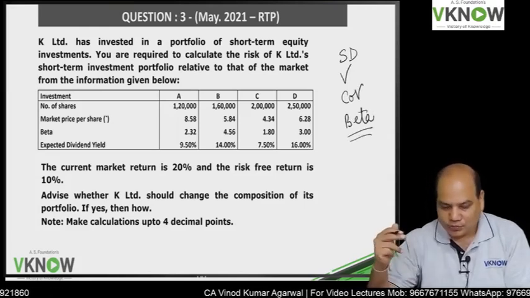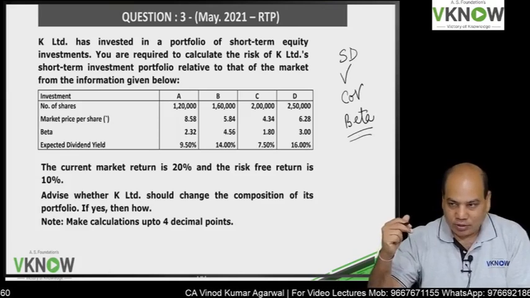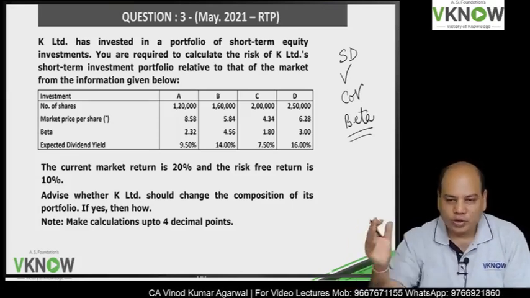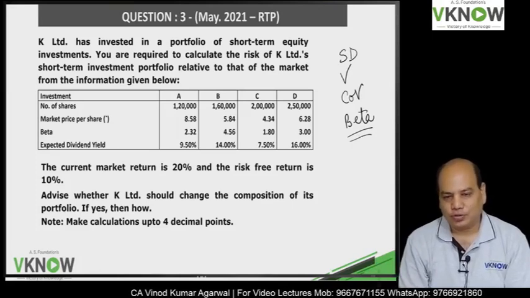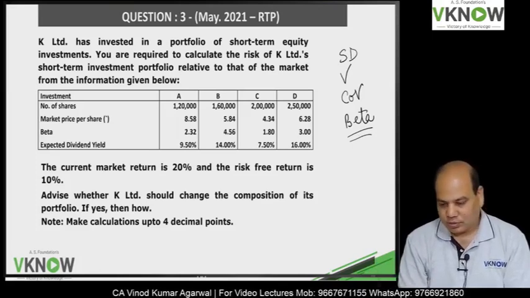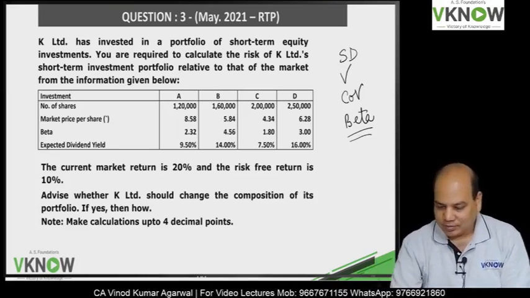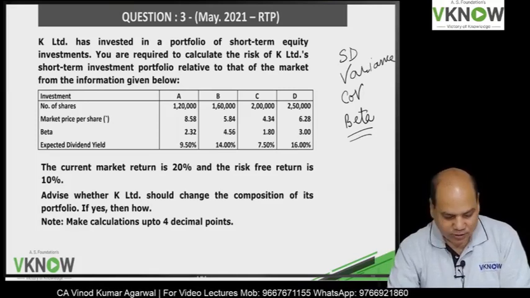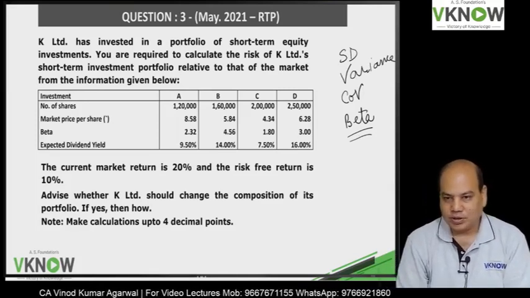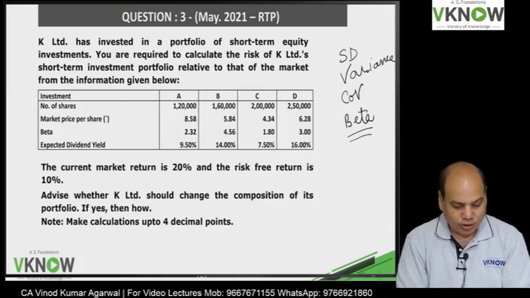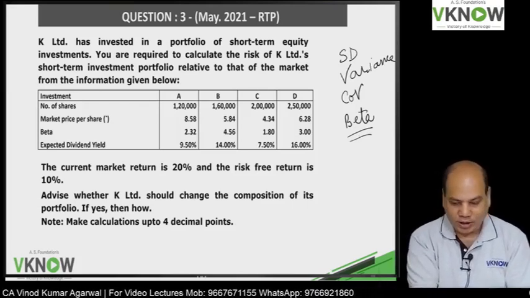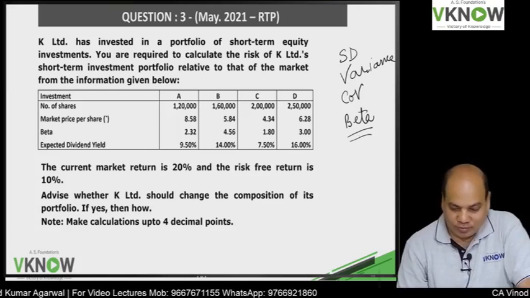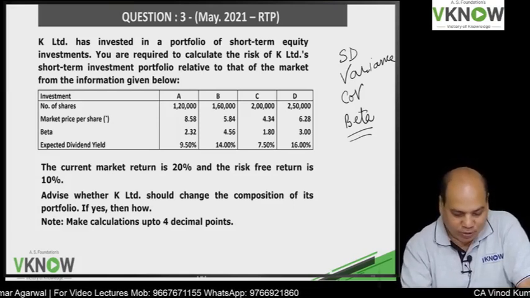Which of this gives you the relative riskiness of the stock or portfolio with respect to the market portfolio? Give me the answer, option A, B, C, D. A is standard deviation, B is variance, C is covariance, D is beta. Those who are from home, they can answer A, B, C, D. Okay, nobody has answered. We'll come back to this question.